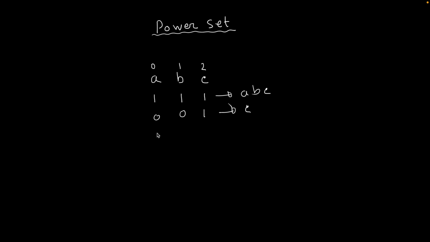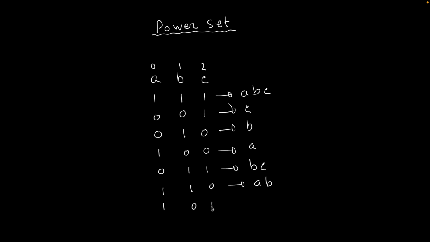Then we might have 0, 1, 0, and we select just B. Then 1, 0, 0, and we select just A. Then 0, 1, 1, where we select B and C. Then 1, 1, 0, where we select A and B. Then 1, 0, 1, where we select AC.